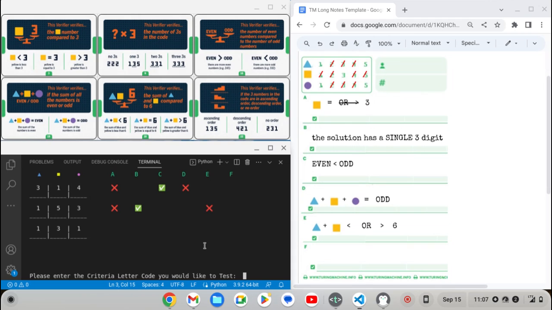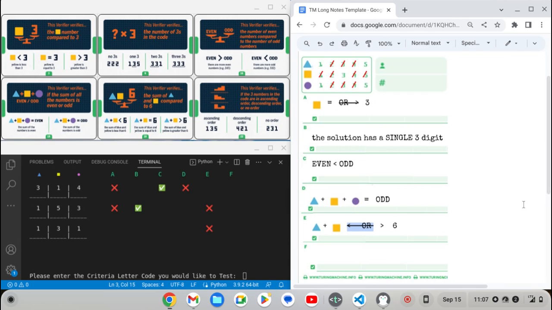And again, we are going to test the criteria card E again to establish what the sum is of the first 2 digits. So E. Okay, so it is not the case that the sum is less than. So it's not less than, it must be greater than.